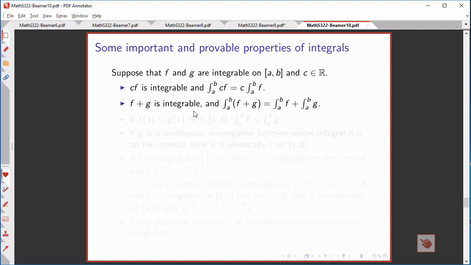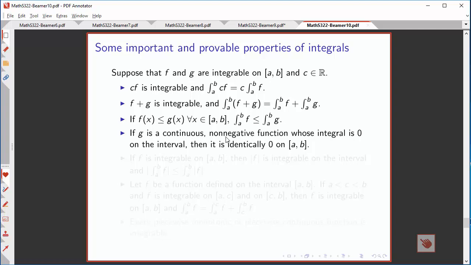Take the sum of two integrable functions. The integral of that sum is the sum of the integrals. If function f is never larger than function g on the interval, the integral of f is less than or equal to the integral of g.